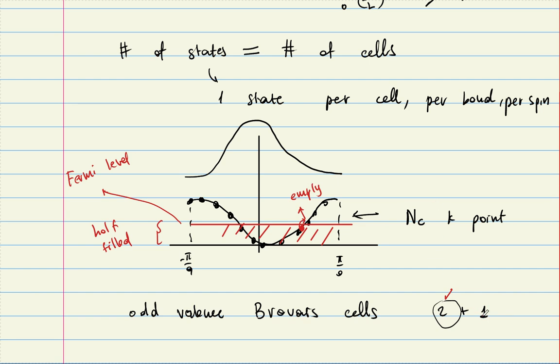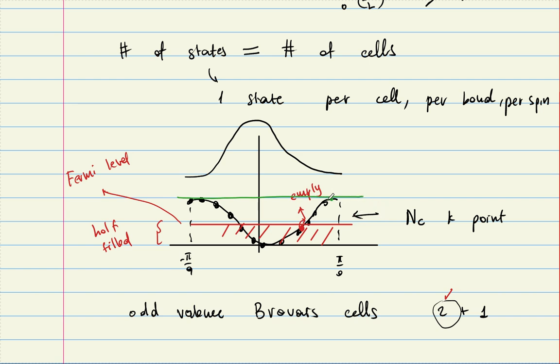On the other hand, if we had one more electron, right? So this band is half filled, and one more electron per cell is going to fill the other half. And in this case, the Fermi level is going to be somewhere here.